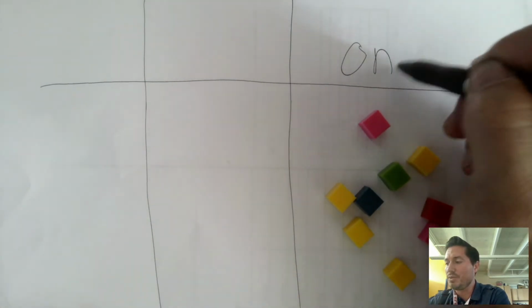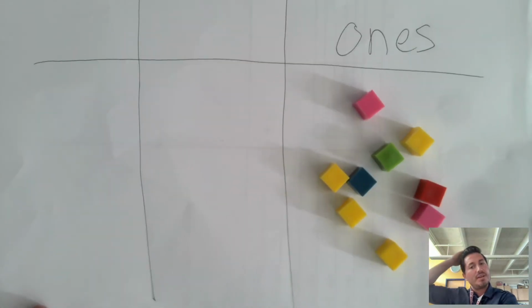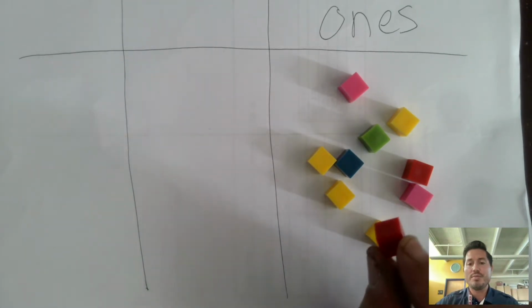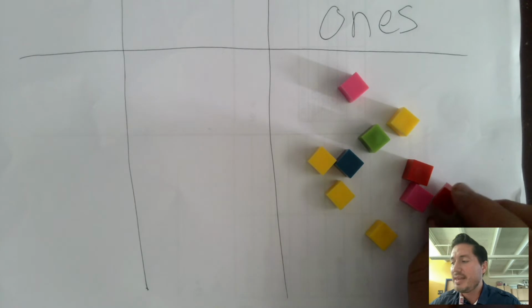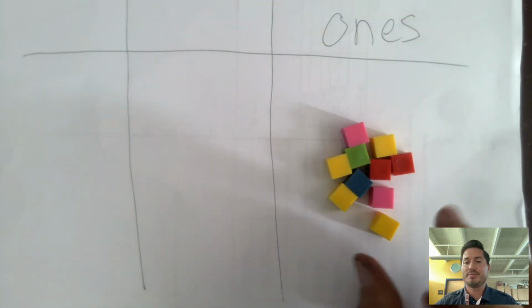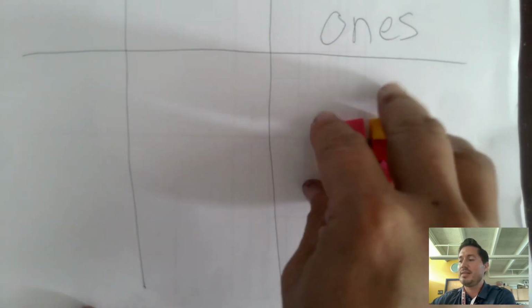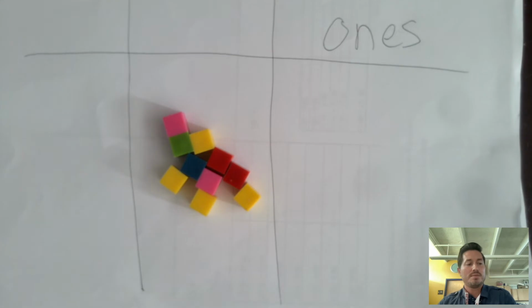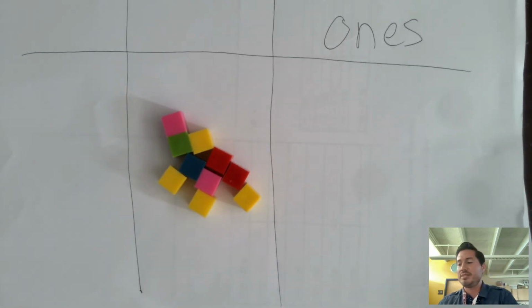This is called our ones. But as soon as we get 10, as soon as we get one more, then what we have to do is put them all together and put them over here in the 10 spot. But they don't look like that in the 10 spot.